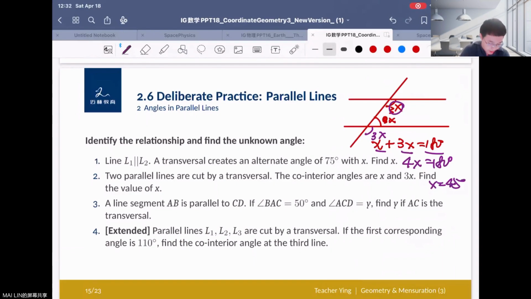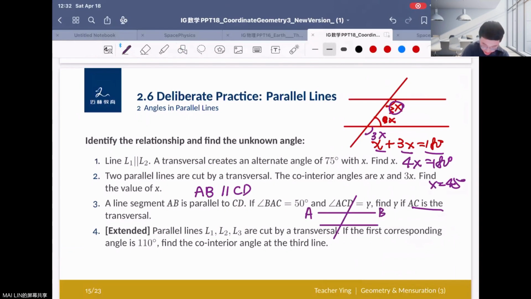For problem three, line segment AB is parallel to CD. Angle BAC equals 50 degrees and angle ACD equals Y. Find Y if AC is the transversal. Here we have AB and CD.